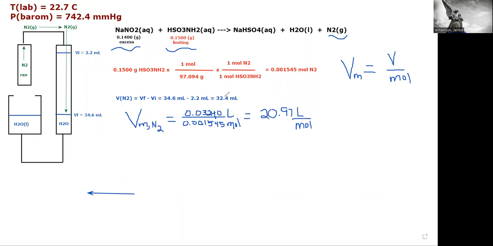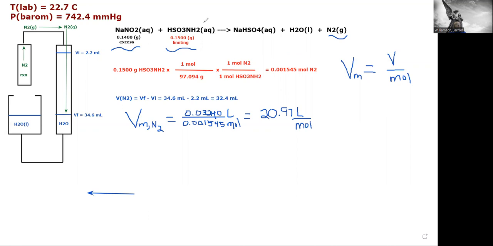So I can take this milliliters and turn it into liters by dividing by 1,000. And then I take my 0.15 grams of sulfamic acid and turn it into moles of nitrogen. I'm going to go from grams of sulfamic acid to moles of sulfamic acid using the molar mass of sulfamic acid from the periodic table on a 1 mole basis.